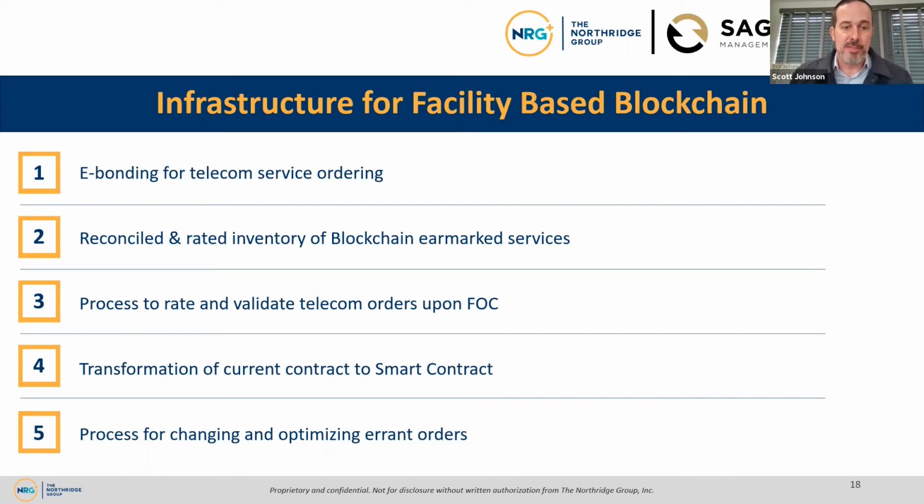Then transformation of current contract to smart contract. That obviously has to do with negotiating with your vendor, with one of those top 1 to 3 vendors. From my standpoint, you have salespeople who are constantly trying to put complexity in contracts, and so this is almost the opposite of that. It's trying to reduce the complexity in those contracts, right? Pricing options, et cetera. So working your contracts to be more simplistic.